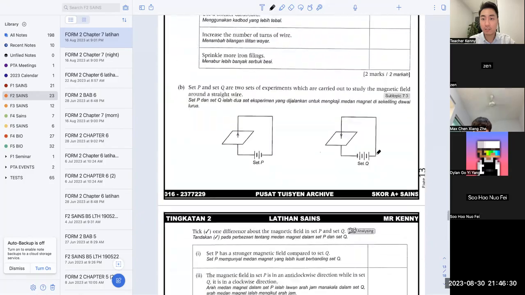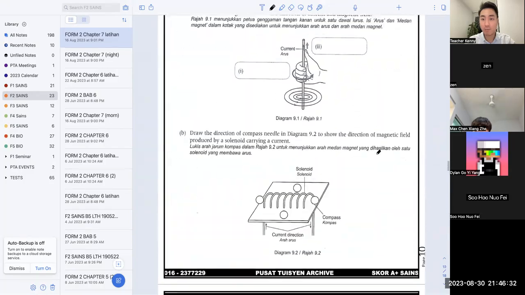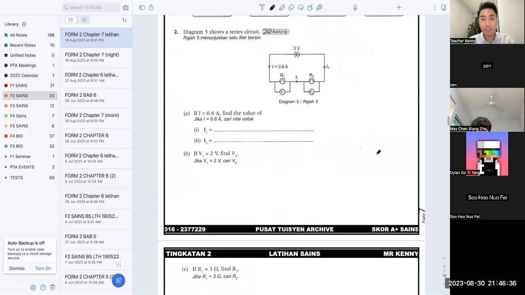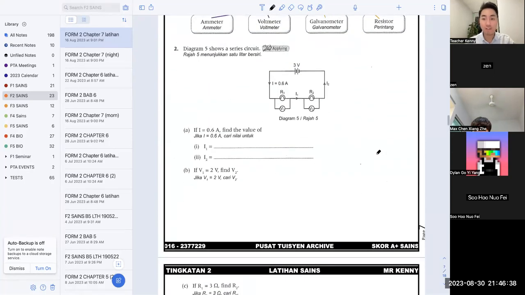Okay. Now, let's go up here. I want to do this one first with you guys. Let's go to page 7, latihan.